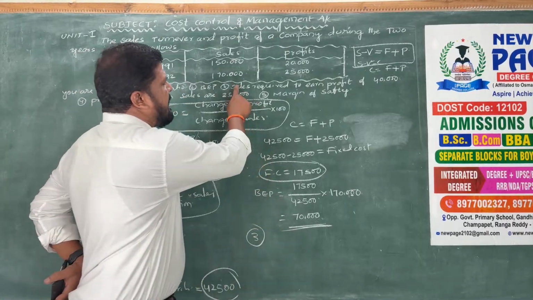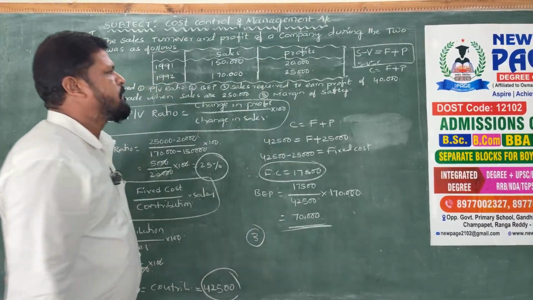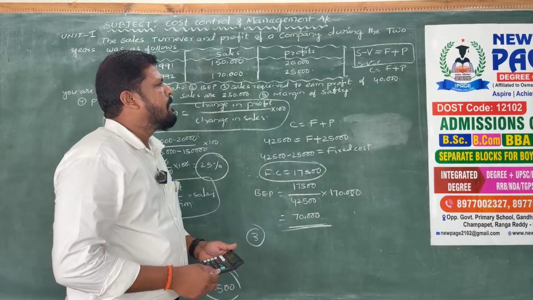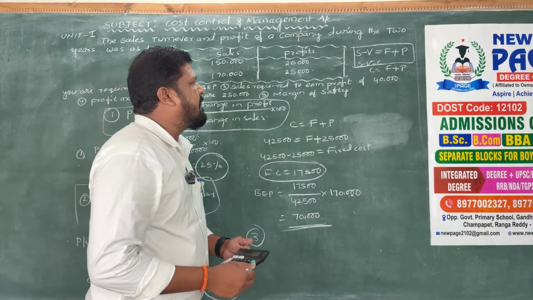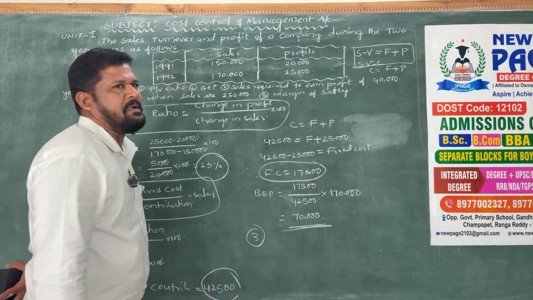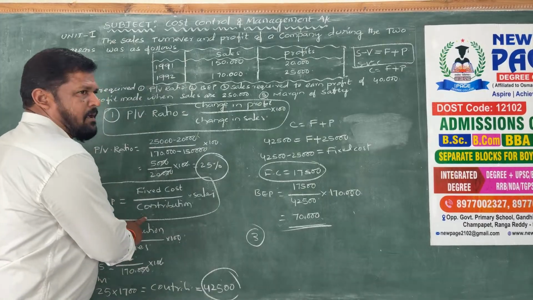Next, the third one is sales required to earn a profit of 40,000. Okay, in this situation, earned profit 40,000, so you have to find out the sales requirement. So we have to use the BEP formula.